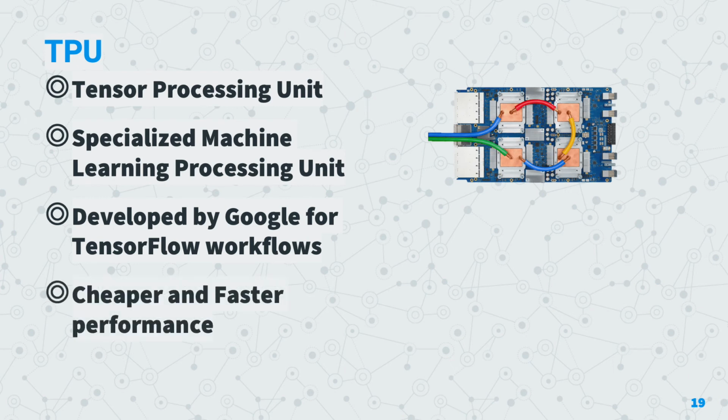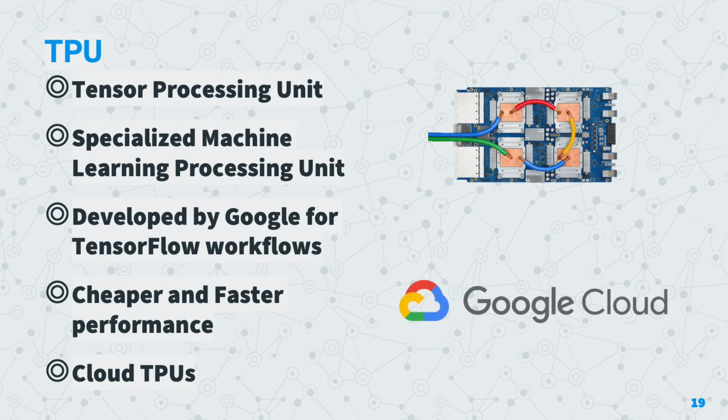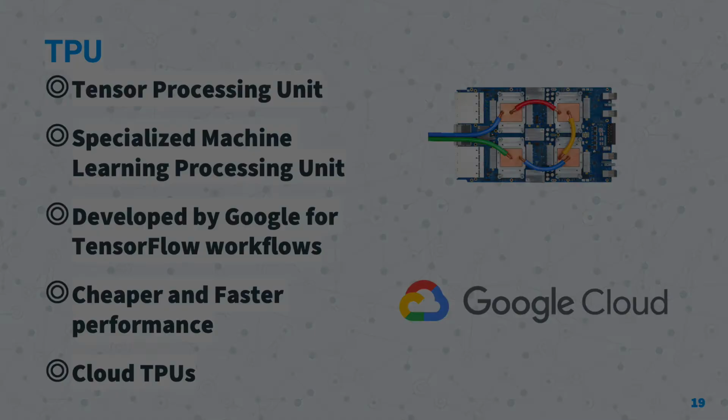It has a cheaper and faster performance, and we're going to see an animation in a second which describes how it works. Google and other vendors also provide cloud TPUs, which allow researchers and engineers to access them and have quick performance based on the performance benefits of TPUs.